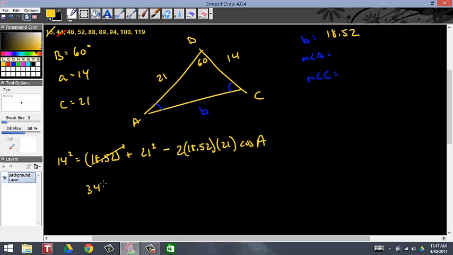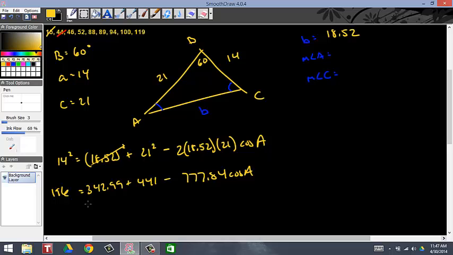So 342.99 plus 441 minus 18.52 times 21 times 2, 777.84, equals 196.